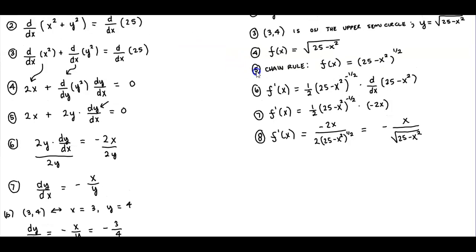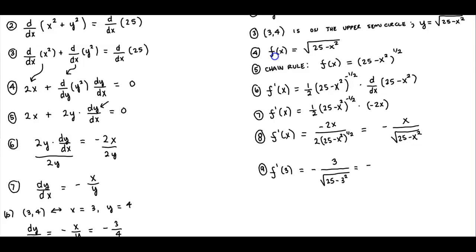Now let's go back to part 3. We know that the point 3, 4 is on the upper semicircle, so we need to look at the value of x, which is 3. We evaluate f prime of 3 by plugging into our derivative: negative 3 over the square root of 25 minus 3 squared.